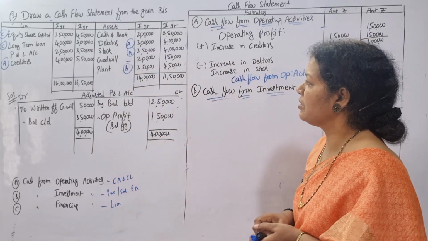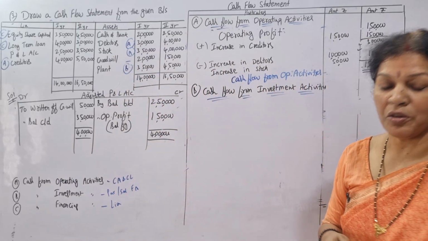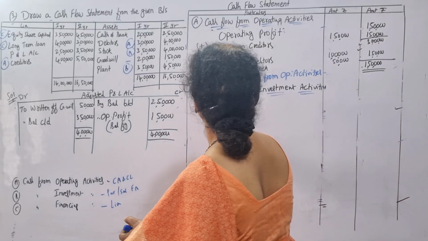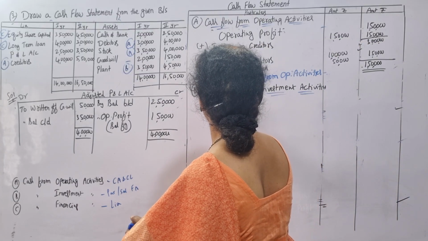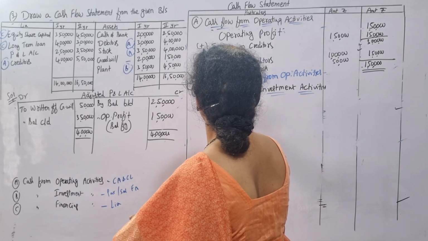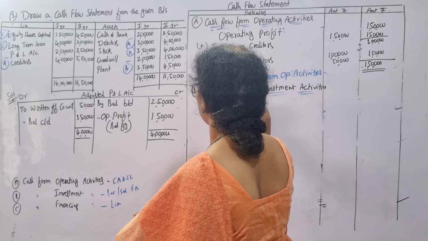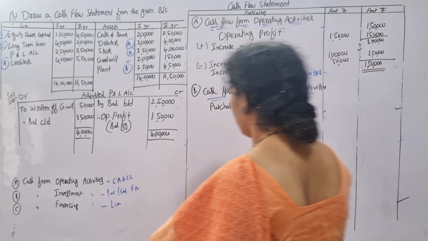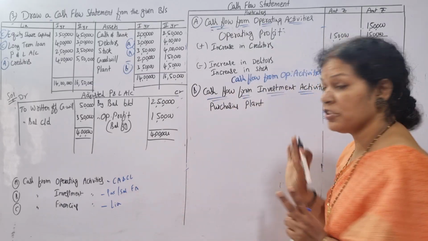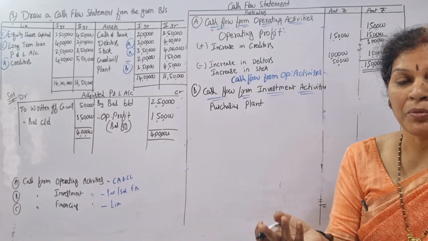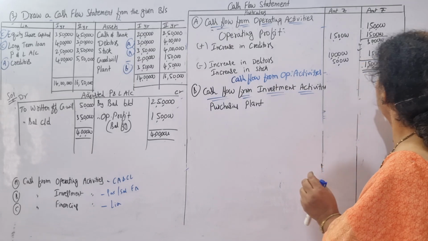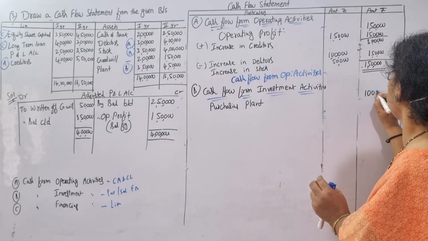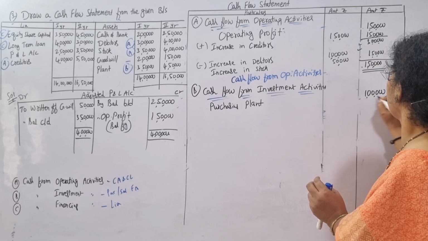Plant is increasing. Increasing means purchase of plant. This is 1 lakh. Purchasing always means cash outflow. Cash is going out, so it is a negative value. How much is it? 1 lakh, it is increasing. So this is 1 lakh.